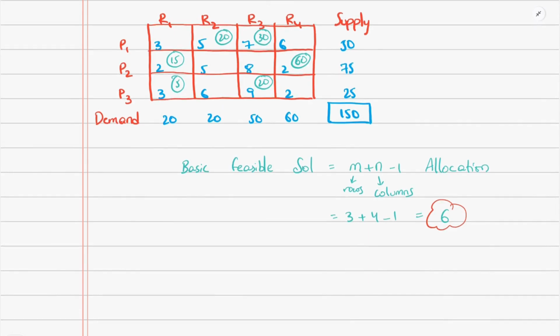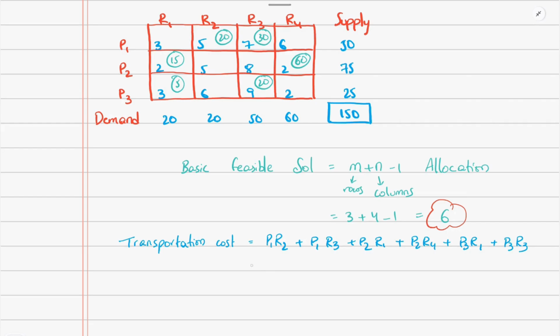Okay, what is the transportation cost that we incurred because of this? Let's see our transportation cost. So from P1 to R1 we supplied. From P1 to R2, P1 to R3, P2 to R1, P2 to R4, P3 to R1, P3 to R3.